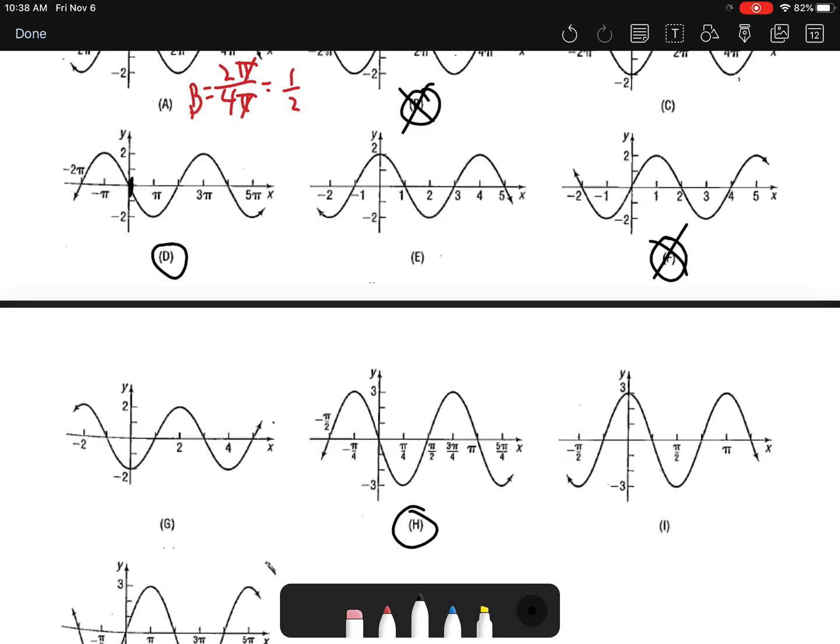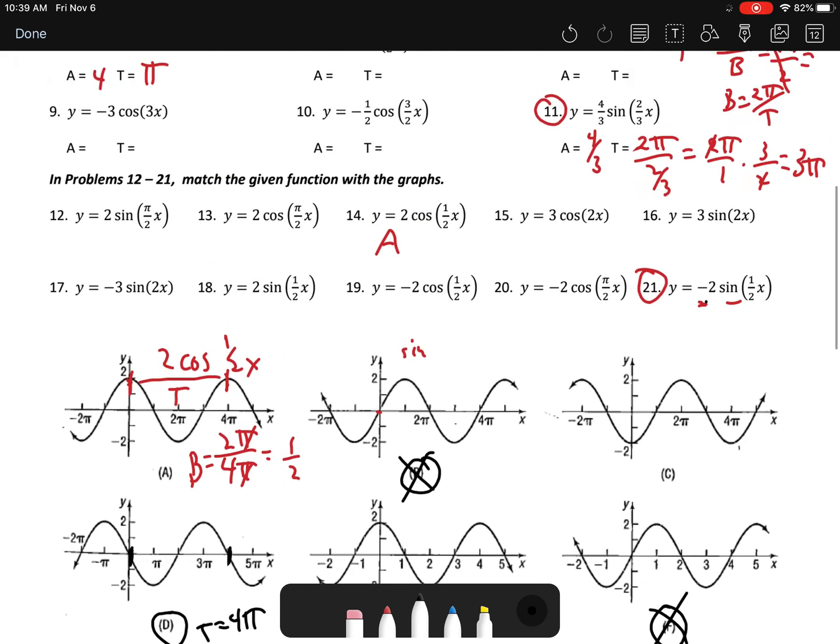So let's see here. Here, the period is 4 pi. Here, the period is 1 pi. So let's go back to our equation. B is 1/2, so T is 2 pi over 1/2, which is 2 pi times 2 over 1.